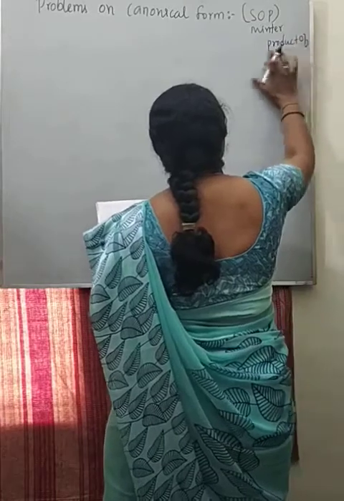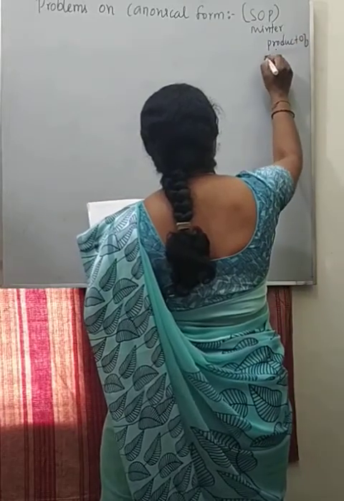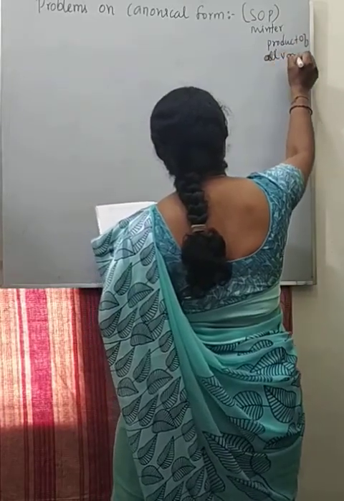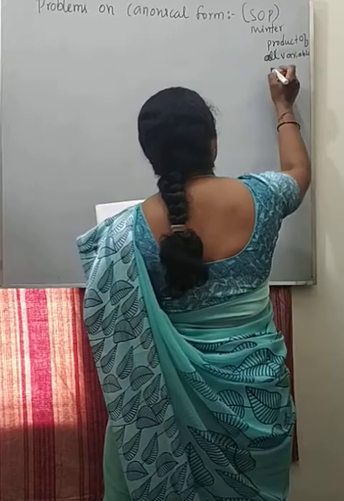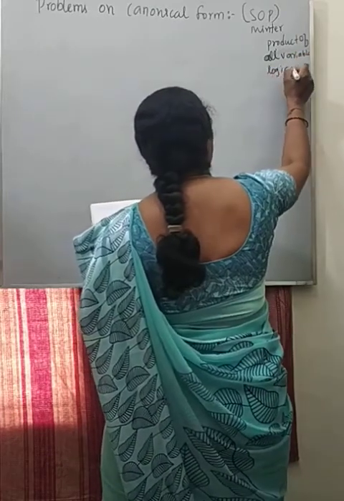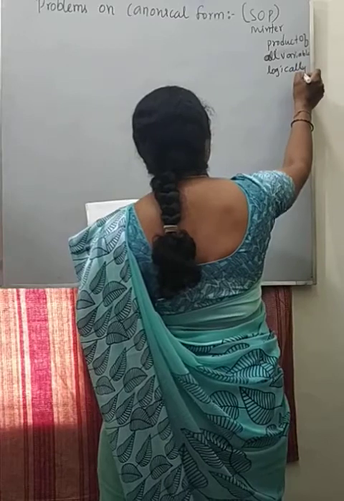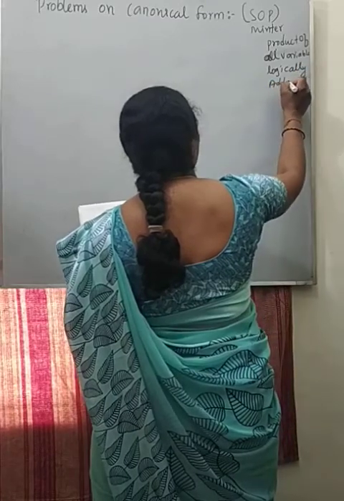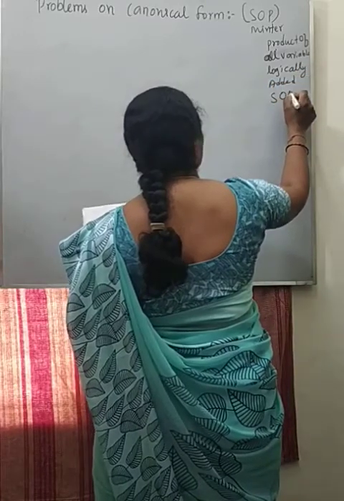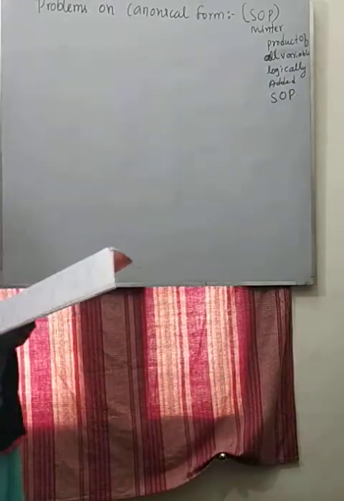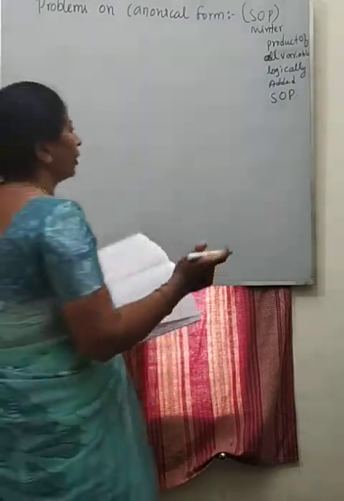Product of all variables that is logically added is called sum of product.